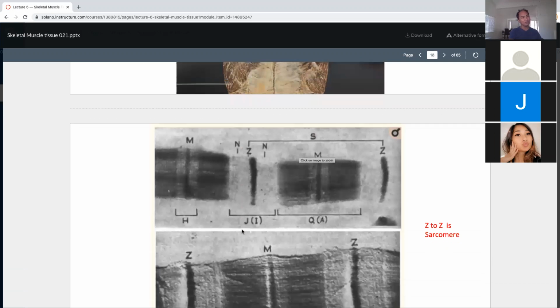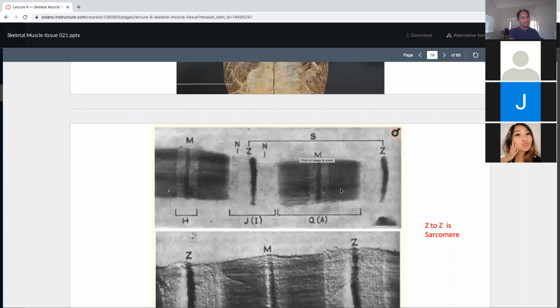But if we look under the microscope at every skeletal muscle, you are going to see this in between two Z lines. So try to identify two Z lines and the M line. You might want to say, this can be Z and this can be Z; in between two Z lines, this is the M line. Why?